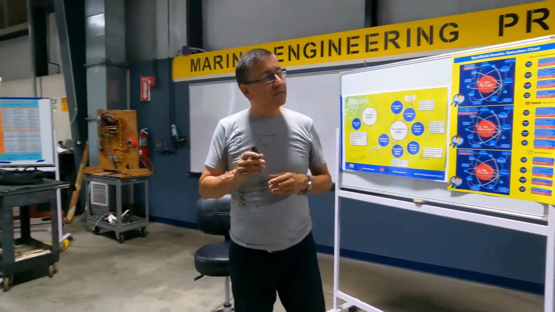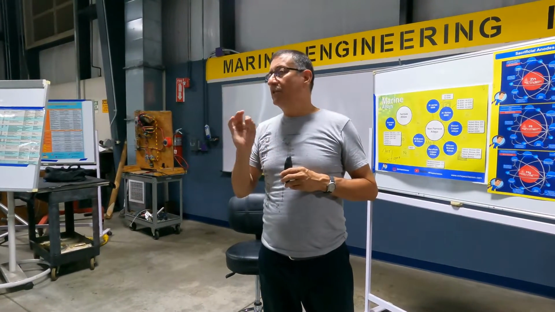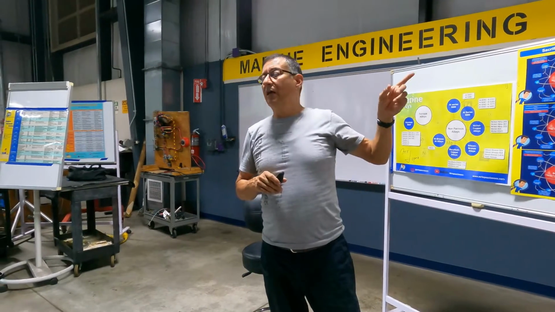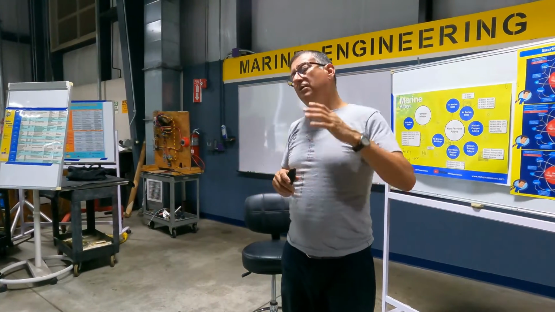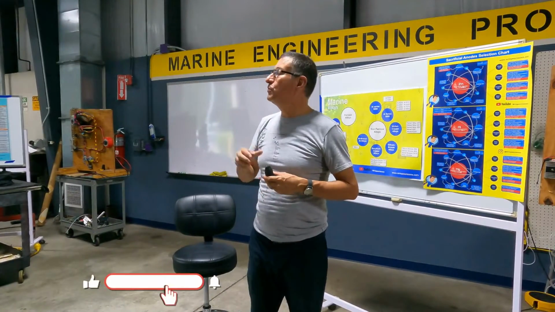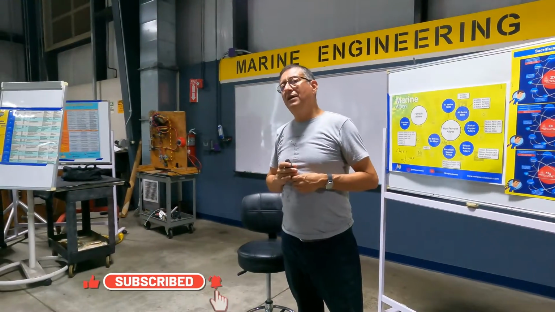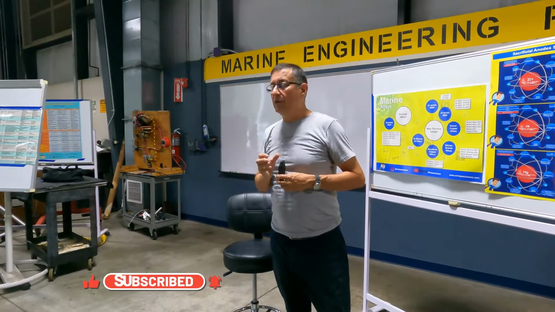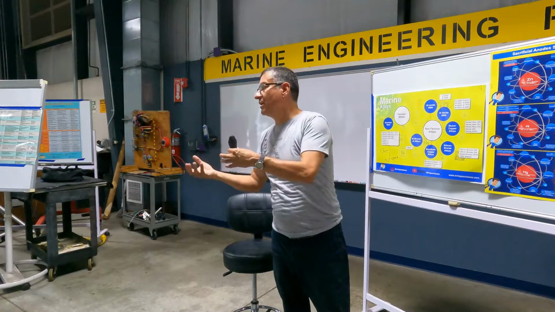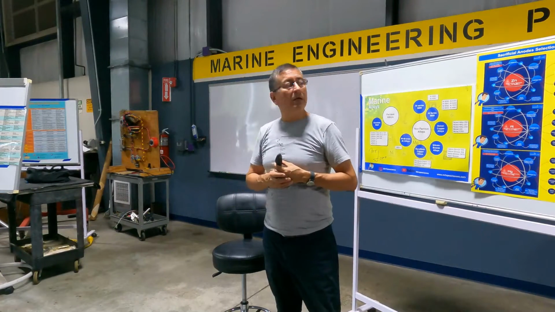Also, I want to refresh one topic that I explained at the beginning of this course. Those anodes in aluminum, in magnesium, in zinc, it's not pure aluminum, it's not pure zinc, it's not pure magnesium. Those are special alloys with the main component magnesium, the main component zinc, and the main component aluminum.